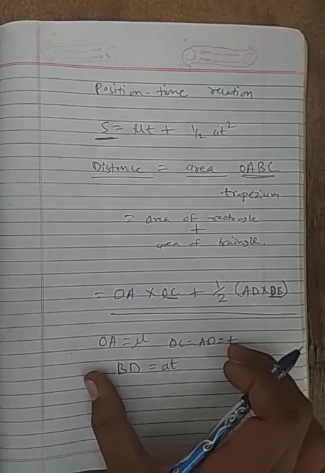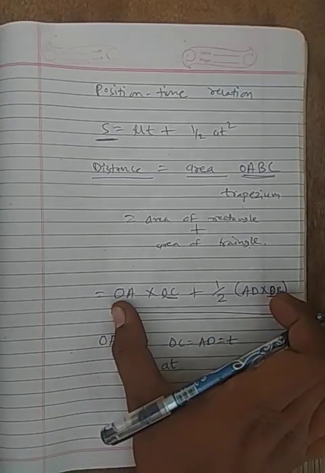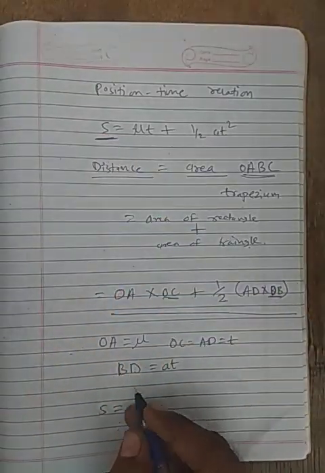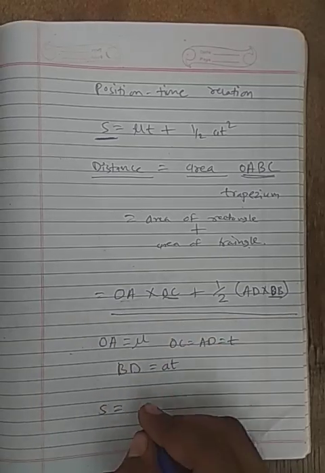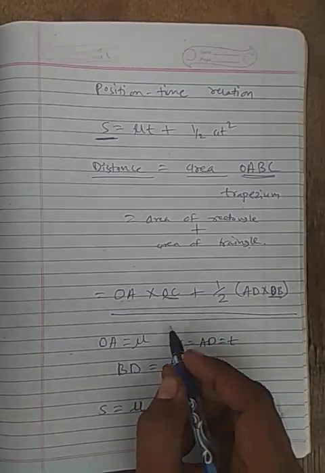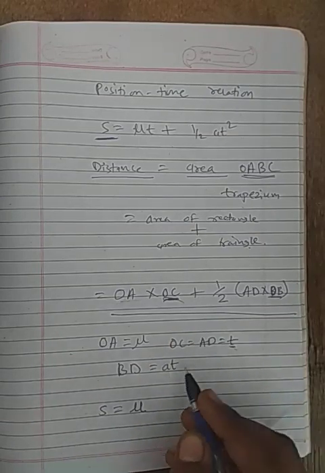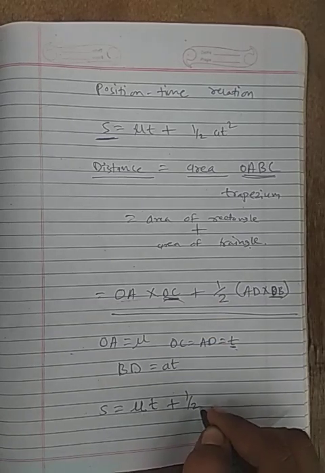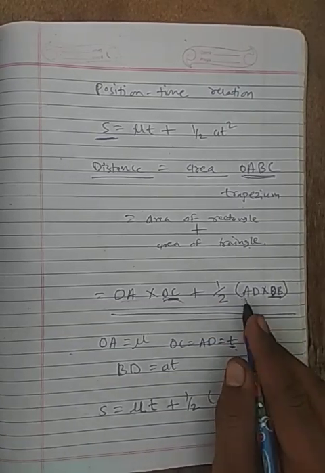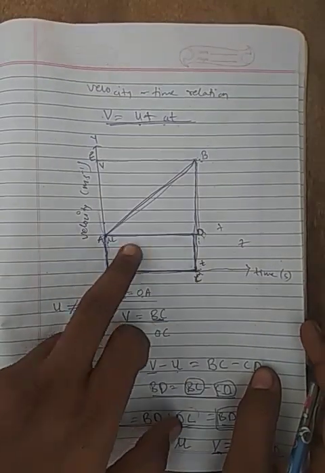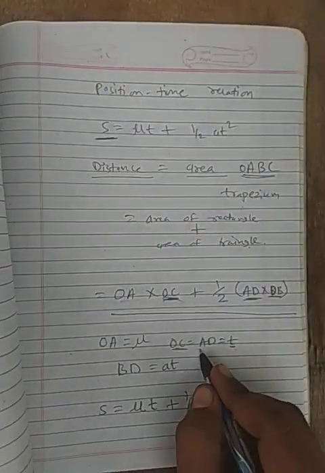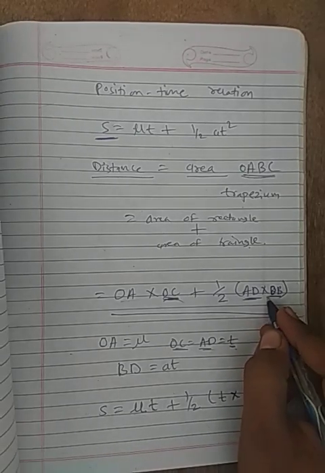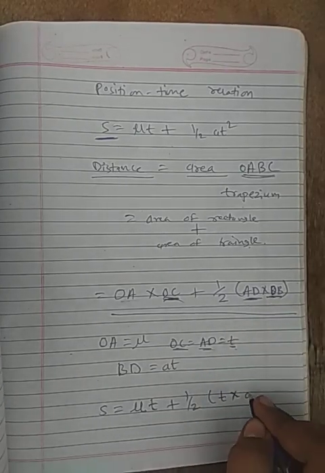If we substitute these values in this equation, we will get S distance is equal to OA, means U, into OC, means time or T, plus half, so we have to write half in bracket, AD means also T, so T into BD, means acceleration into time, AT.